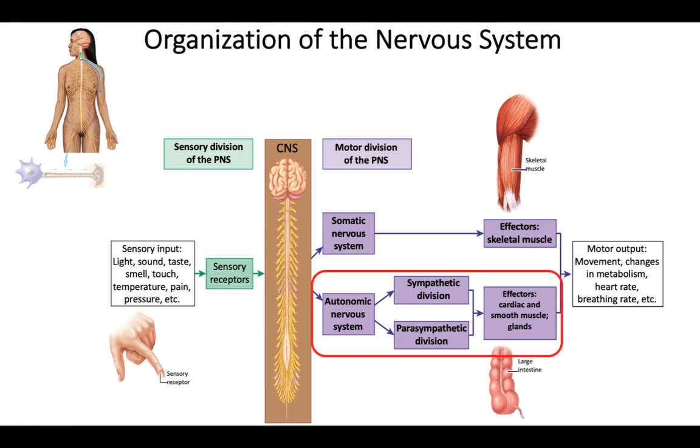And the heart's the easy one because we kind of know what our heart does during rest compared to during exercise or a fight or flight situation. So that's where we're going to be focused. The autonomic nervous system using sympathetic and parasympathetic divisions to control many of the organs in the human body.